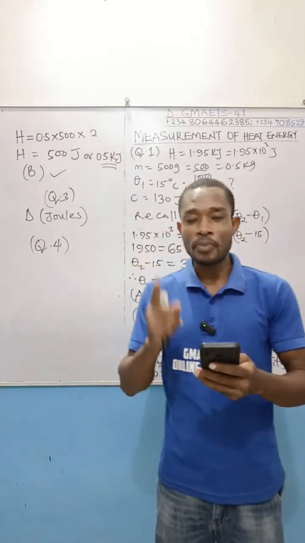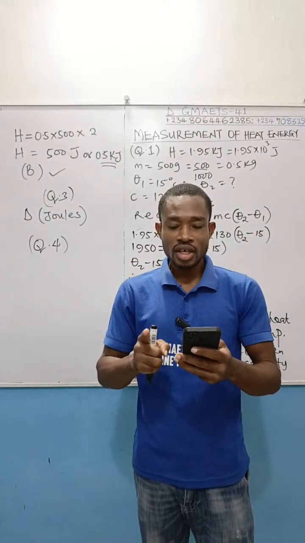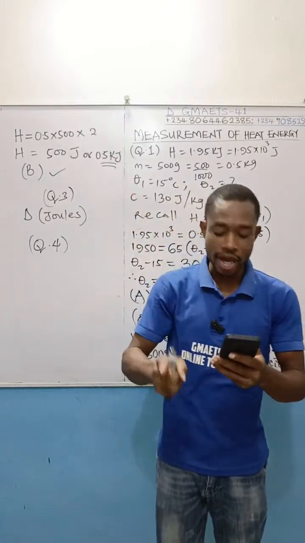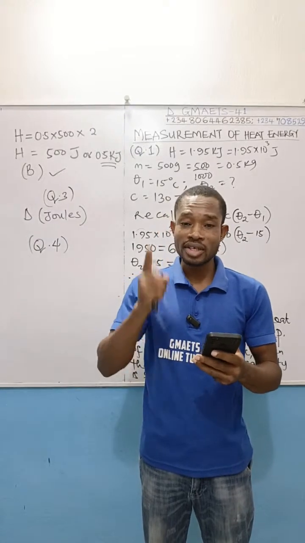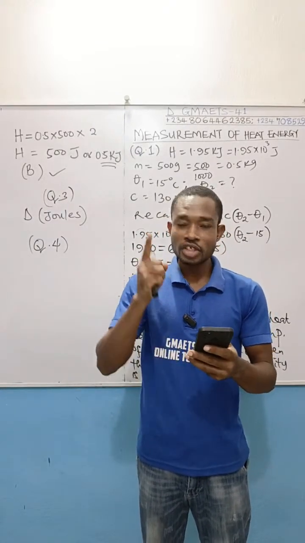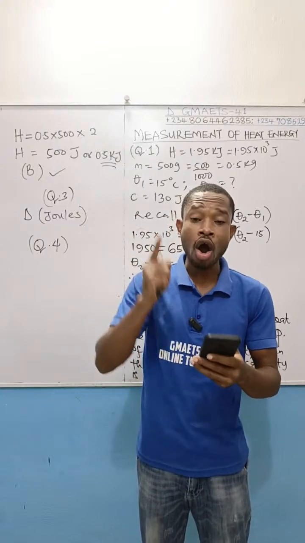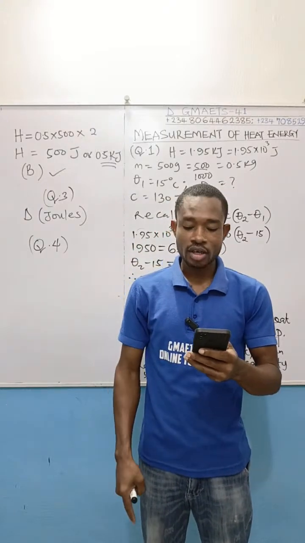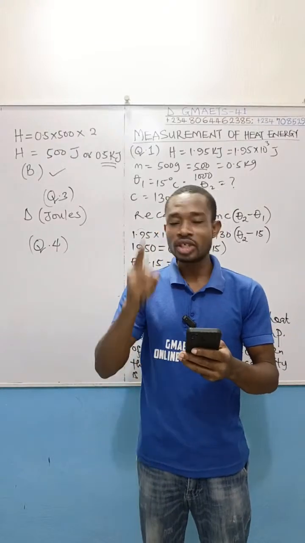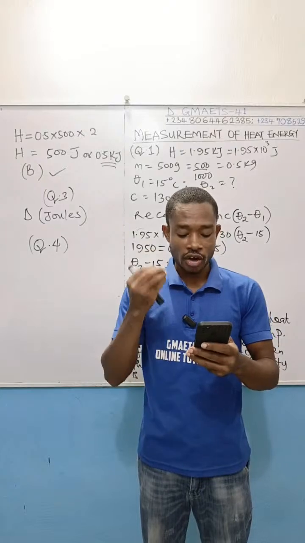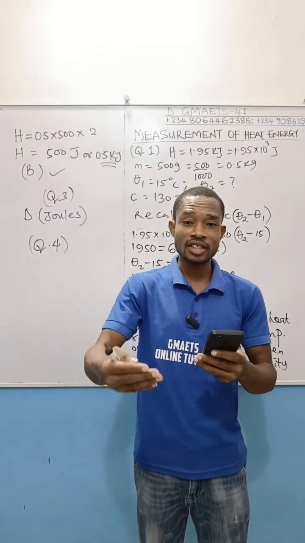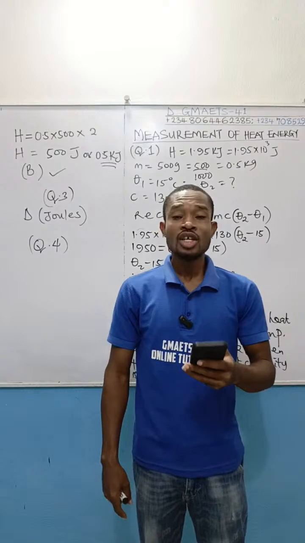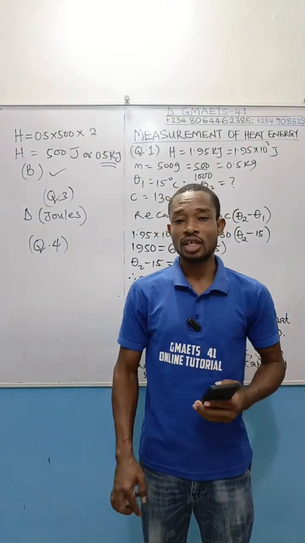A change of temperature of 20 degrees centigrade is equivalent to a change in thermodynamic temperature of: option A, 293 Kelvin; option B, 20 Kelvin; option C, 80 Kelvin; option D, 120 Kelvin.